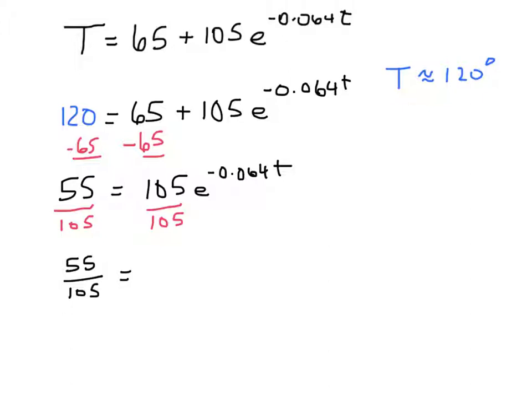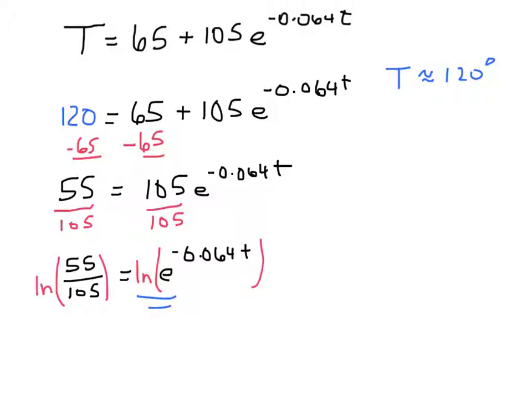What we really need to worry about is the fact that we've got this exponential equation. Now the good news is that our base is e. And so when we take the natural log of both sides, which is what we're supposed to do here, natural log of 55 over 105 equals the natural log of e to the negative 0.064 t, you know what happens here.